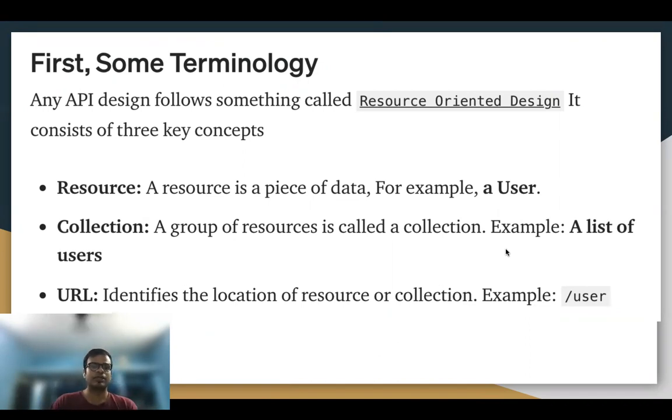Then collection. A collection is a group of resources, such as a list of users or a list of payments. And then the URL, right? It means which resource and collection, where it is actually staying. That is called the URL.